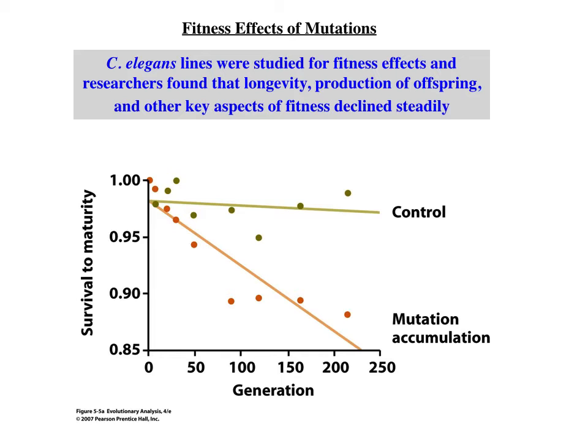And so here we have estimates for anywhere from 0 to 250 generations, and what we see is that the survival to maturity decreases and decreases, where it drops from the upper 90s to the mid to slightly upper 80s. That's that slanted regression line that you see. In the control, like a control should, you don't see any decrease in survivability. So the question would be, why is that?